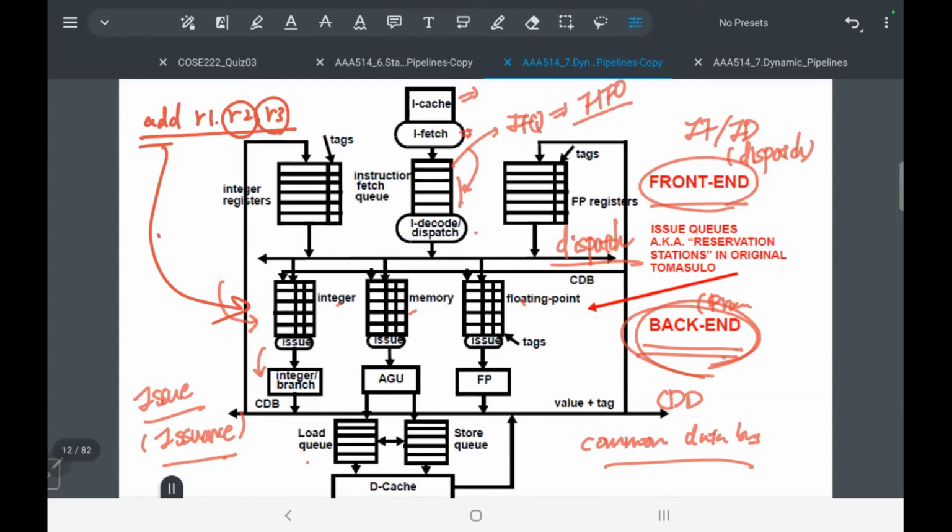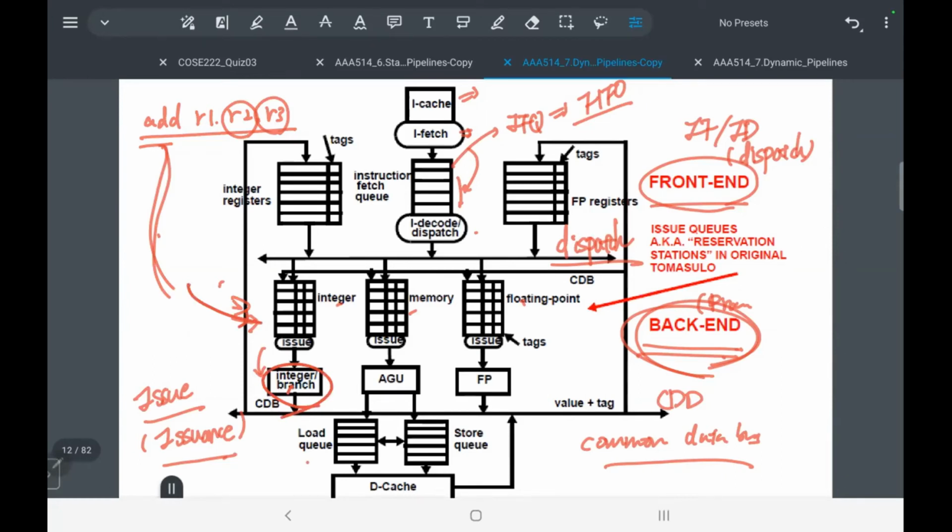If R2 and R3 are ready, meaning valid data, then this instruction is executed by the integer unit.